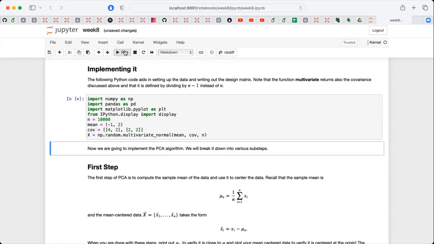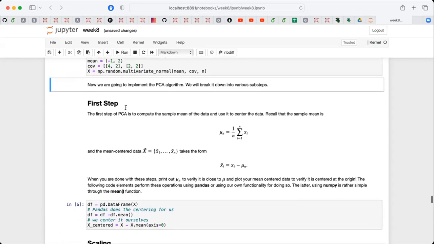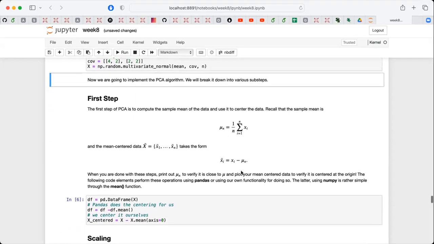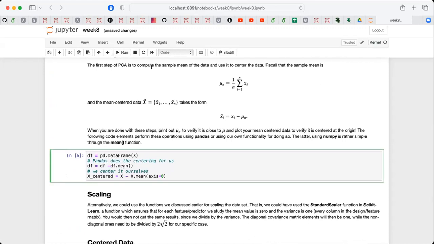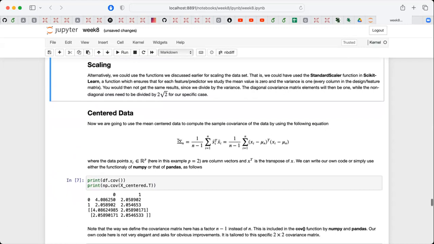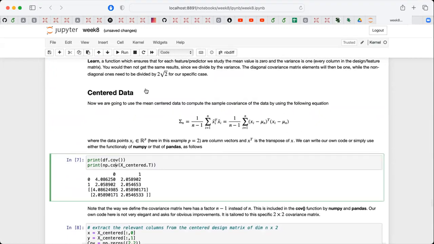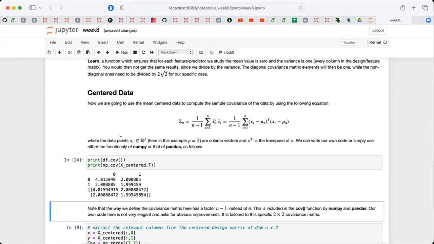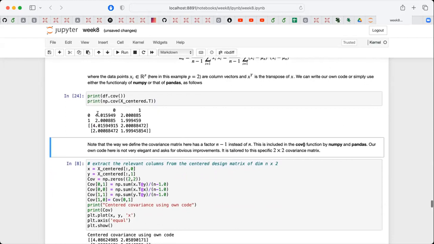So if I run that one, what I get is, first, I'm rewriting this in terms of the scale matrix elements, which I defined earlier. I'm using pandas here, so that's a kind of scaling, and I'm centering my data. I compute the covariance, and if I print the covariance here, you will see that the covariance has eigenvalues which are close.